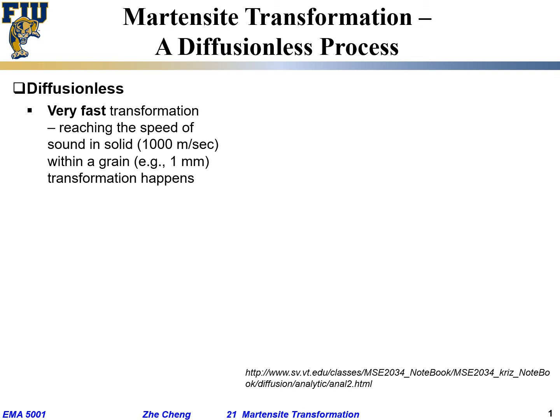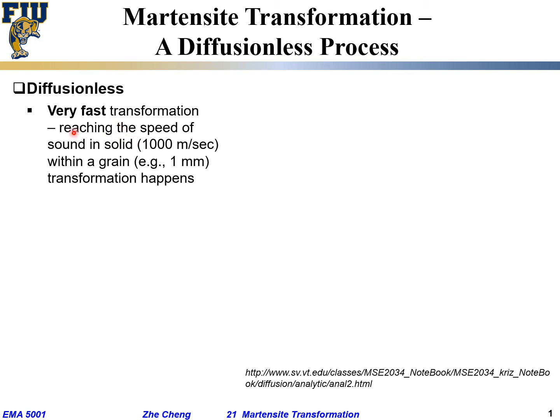Okay, and if we think of the process, we call this process a diffusionless process. Why diffusionless? Which means the diffusion doesn't play much a role because it's a very fast process.